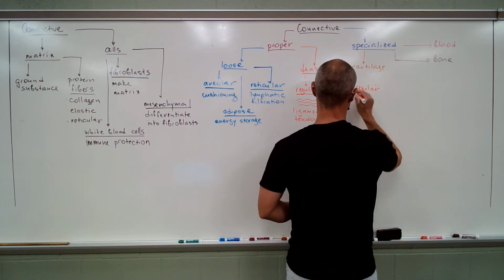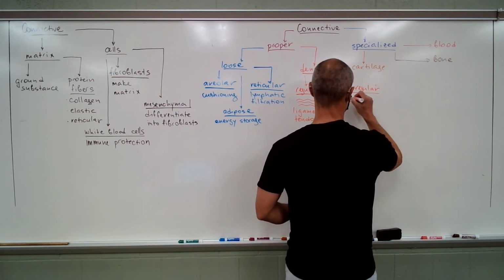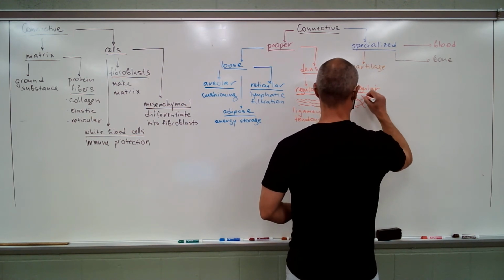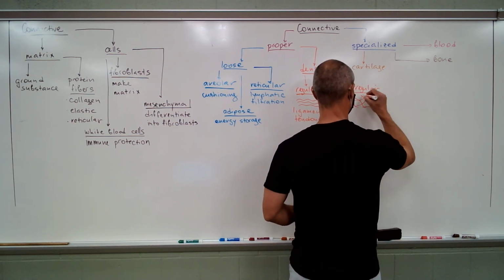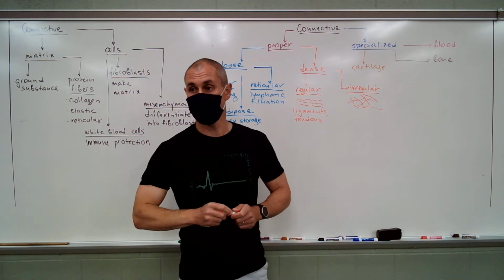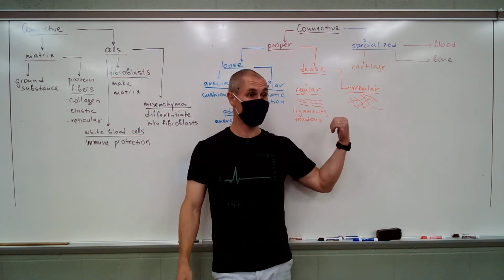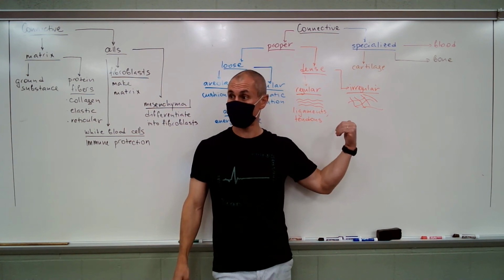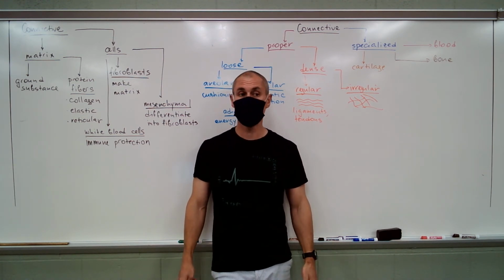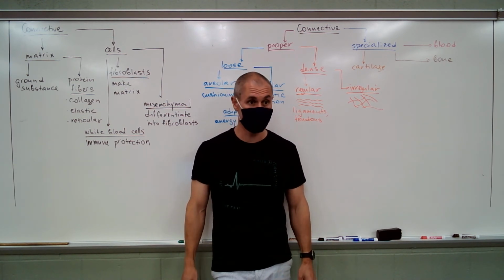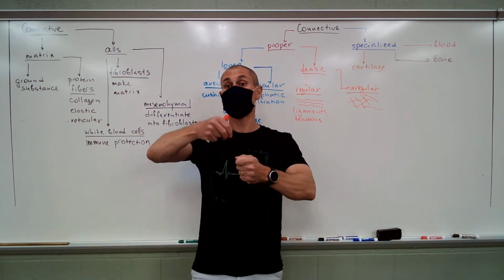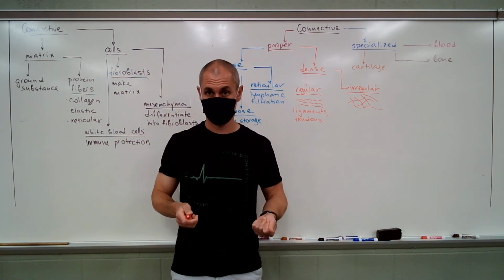And in this case, the fibers will be in all kinds of directions. What it makes this tissue suitable for is resisting tension that's applied in different directions, at an angle.